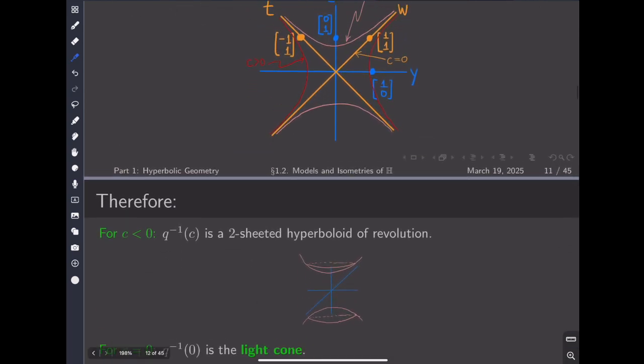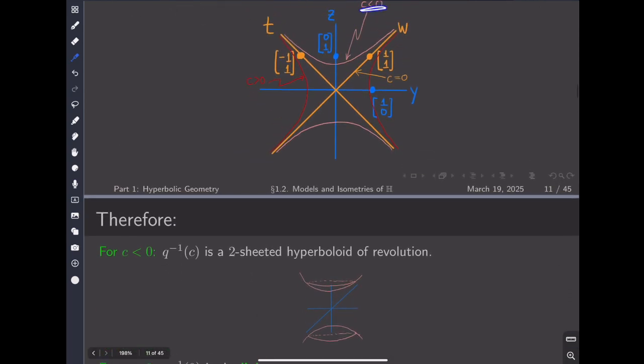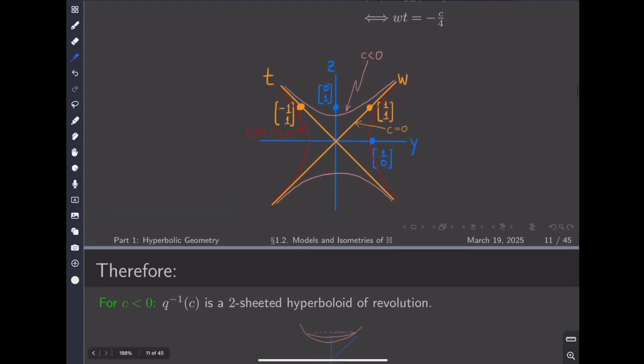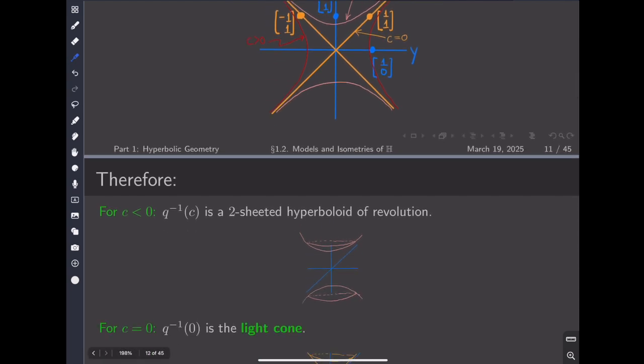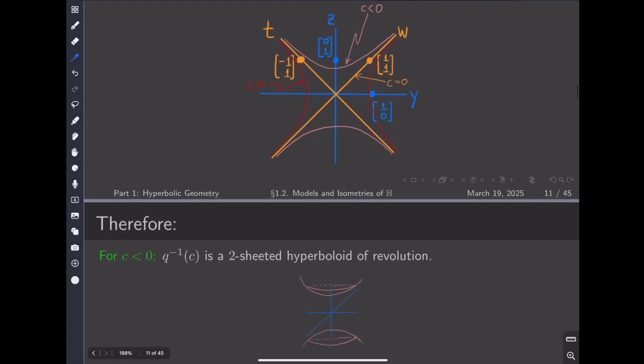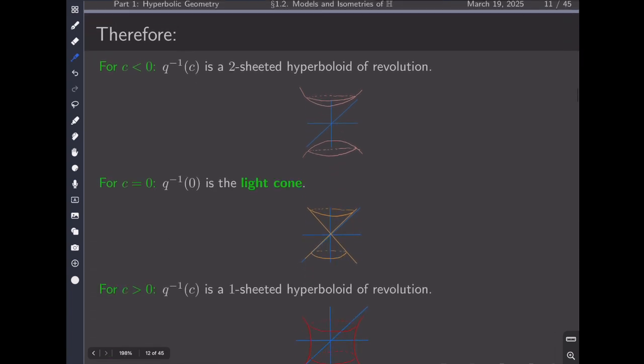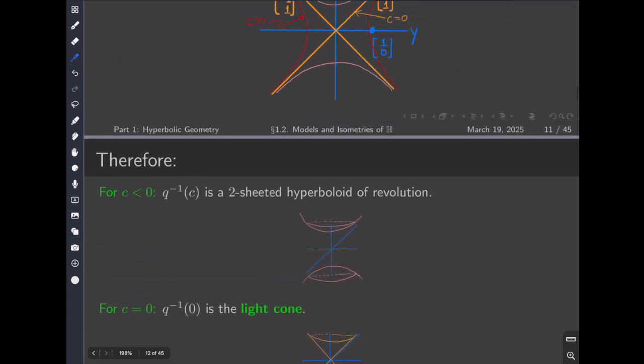But so you see, for C negative, when I rotate vertically, which is what I said we would do, I obtain a hyperboloid of revolution, for that value of C. For C equal to 0, it's also very easy.